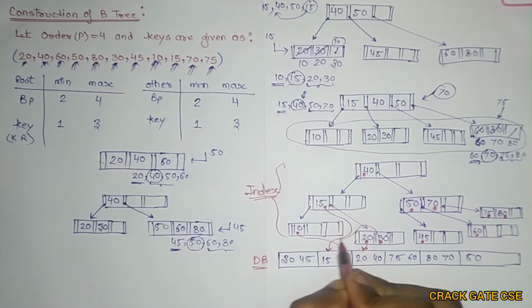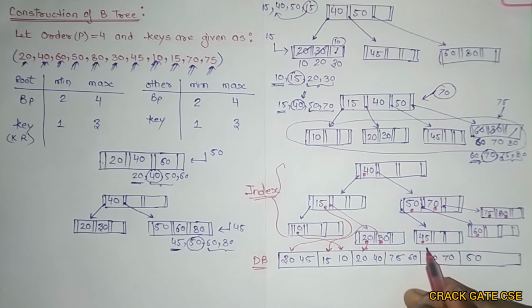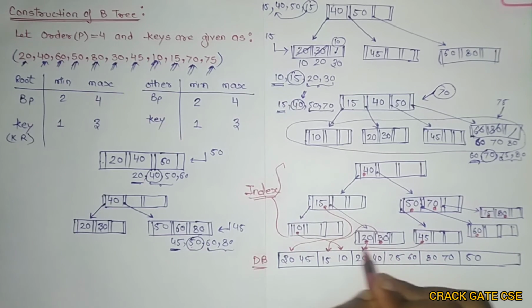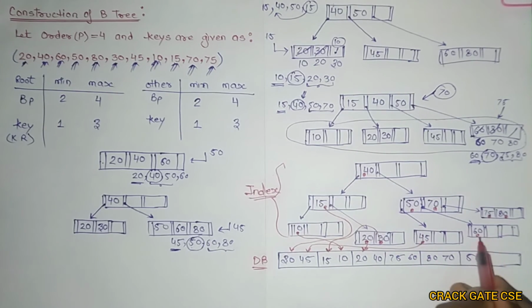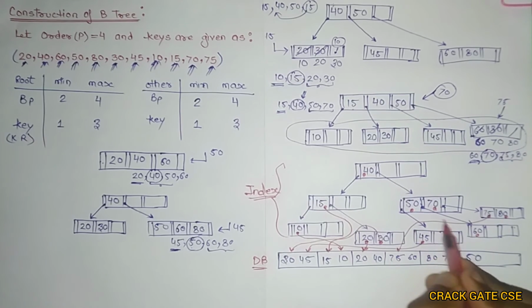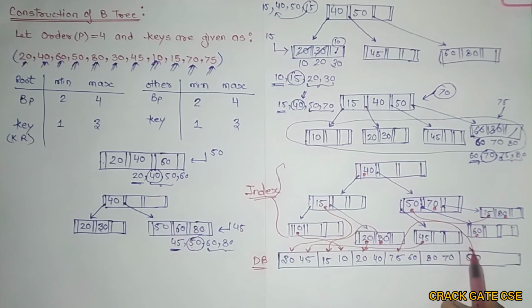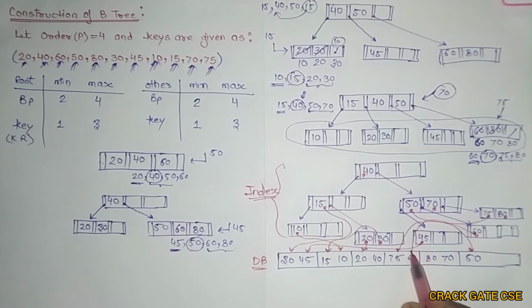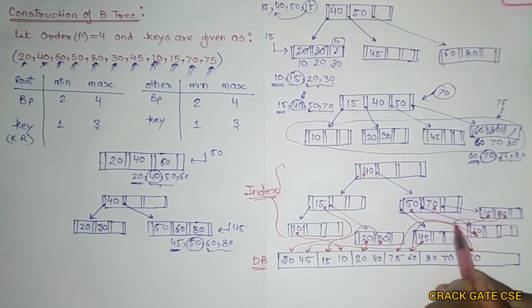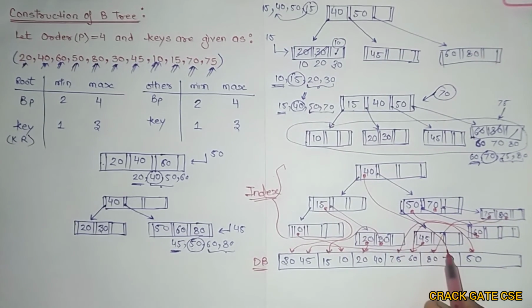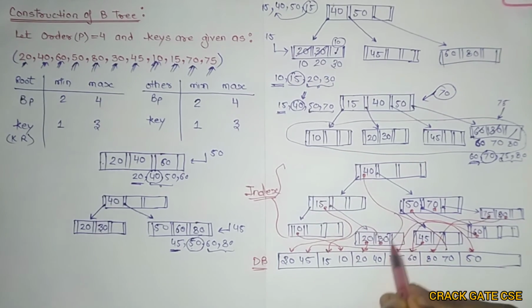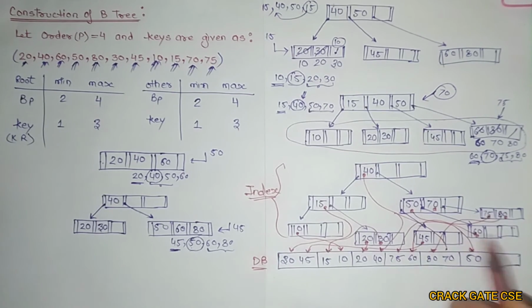This 30 will be representing its location and so on, right? So here you can see one thing, that we are using the dense indexing, not the sparse indexing. Sorry, this 40 should be here, right? You can arrange it on your own. So here we are using the dense indexing, not the sparse indexing.